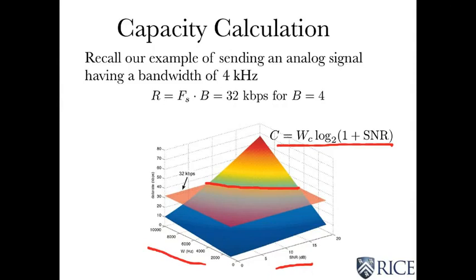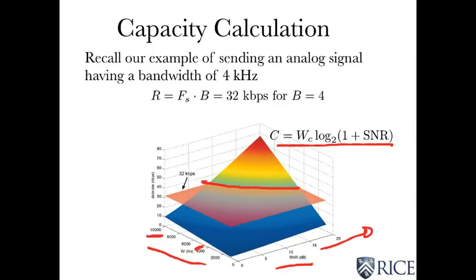So we can see that as the bandwidth approaches about 4 kilohertz, you're going to need a very high quality channel because the SNR you're going to need is very, very high. Furthermore, if the SNR gets low, the bandwidth needed goes up and up and up, and that's kind of standard.